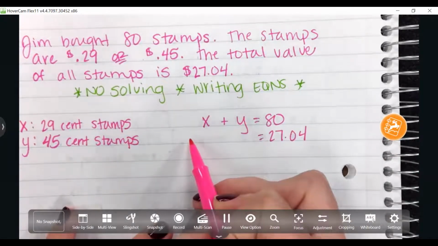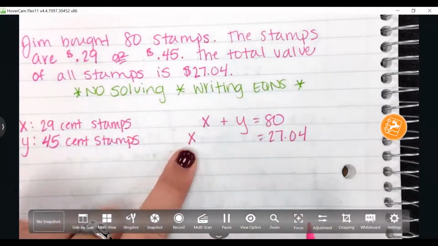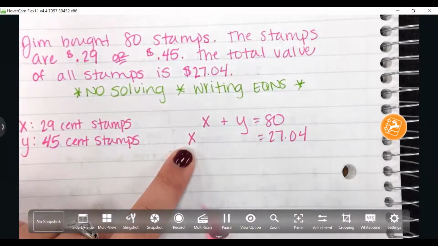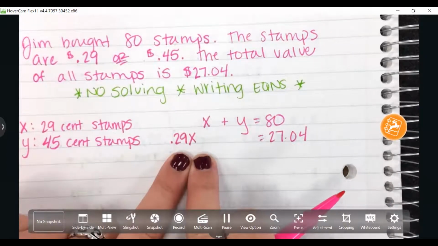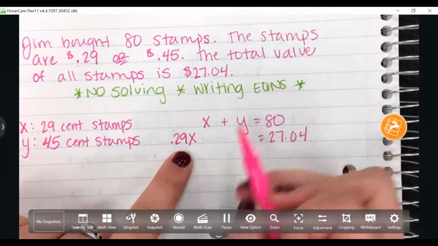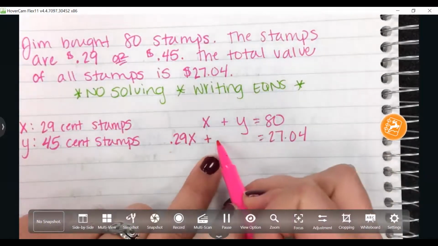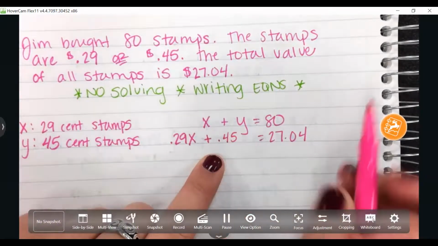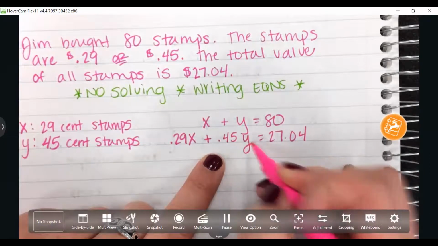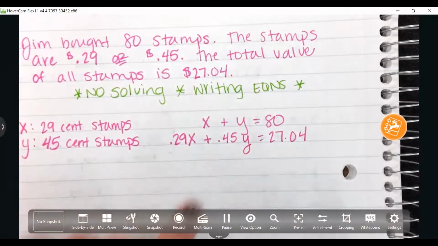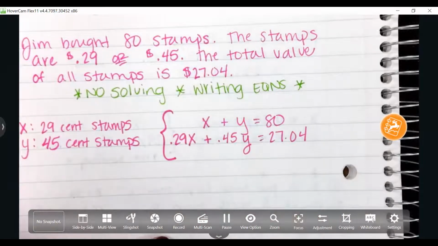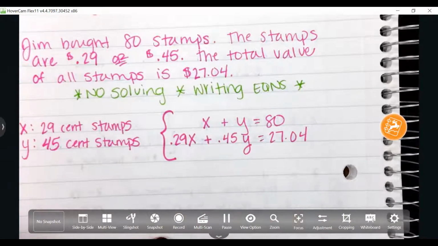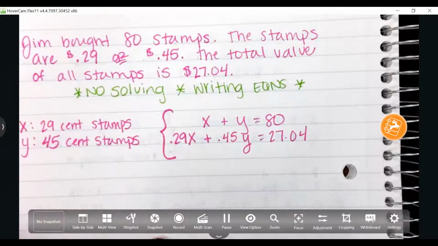So if I had X stamps, how much does an X stamp cost? 29 cents. So I have 29 cents for every X stamp. What else am I going to have? 45 cents for every Y stamp. This is all I want as an answer. We are not solving. Okay?